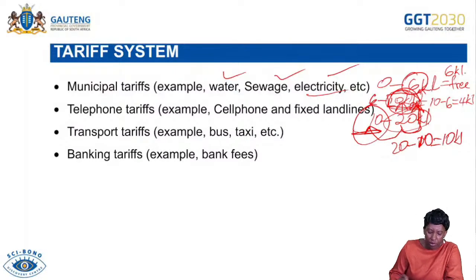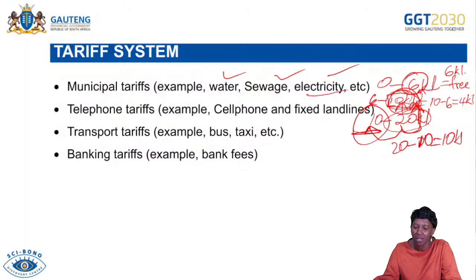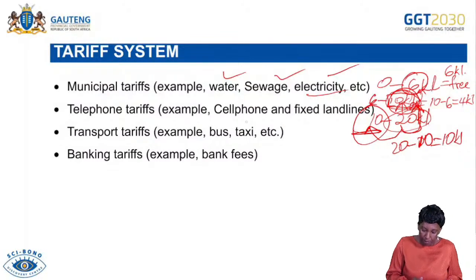But when it comes to the telephone tariff, you have done the tariffs with your teacher, boys and girls. What is important, you'll see when we do one question. I'm not going to waste time, because now I want us to go into questions so that you see how to attempt answering them in the exam. But I've already explained the cell phone tariff. With the cell phone tariff, if I'm using a contract, I will have a fixed amount that I am paying for the device and for the airtime that they're giving me on a monthly basis.